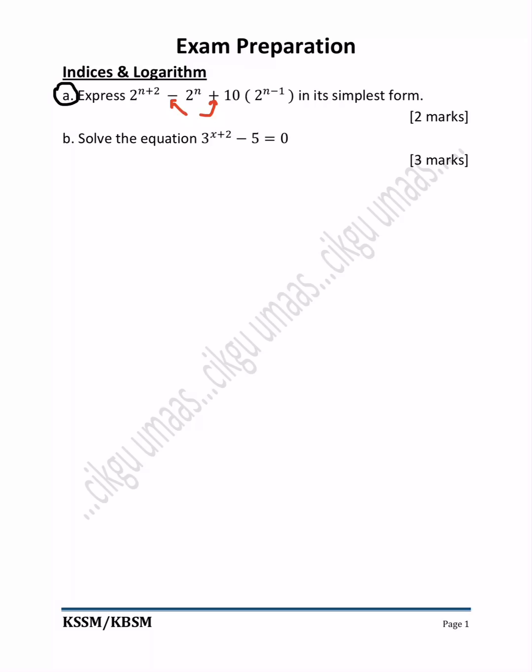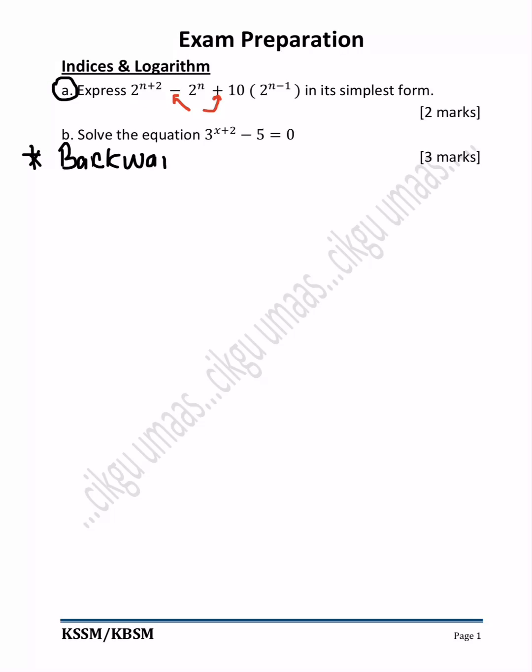So whenever I see something like this, my keyword for my solution is the backward method. So what do I mean by the word backward?